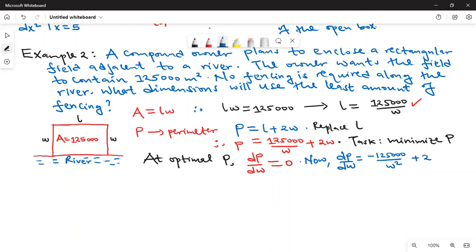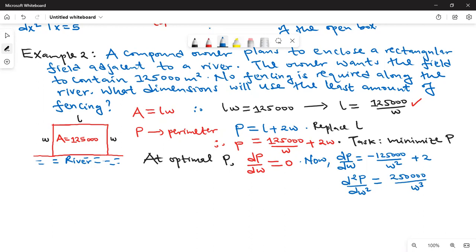What about the second derivative? D squared P dW squared is the same as 125,000 times 2, that will give us 250,000 over W cubed plus 0. Derivative of 2 is 0.